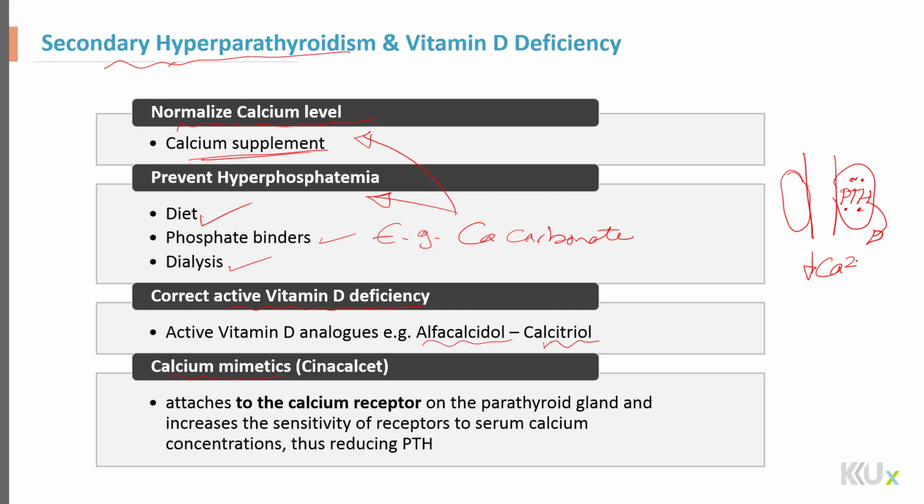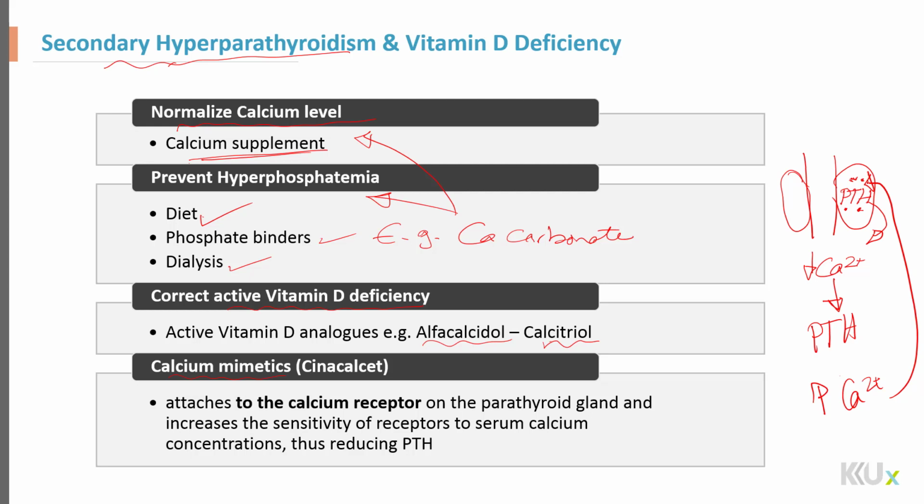In case of decreased calcium level, parathyroid hormone increases. And it acts by a negative feedback mechanism. So when the calcium level increases, it goes to the parathyroid gland and stops the parathyroid hormone from secreting.